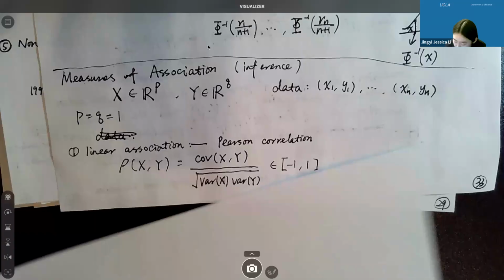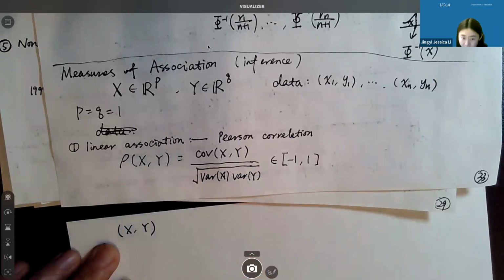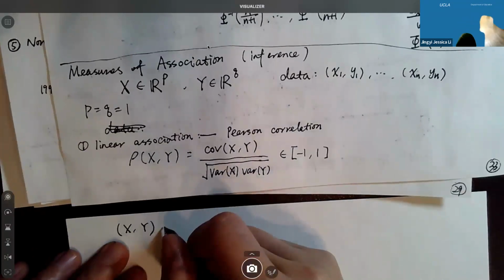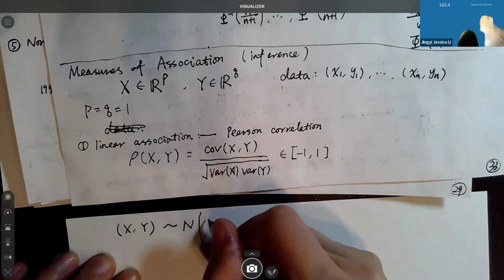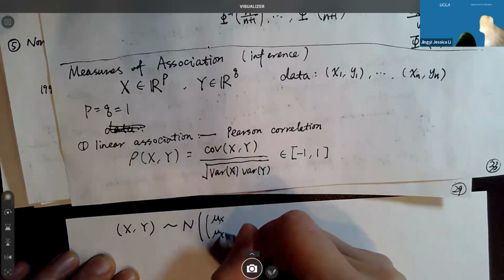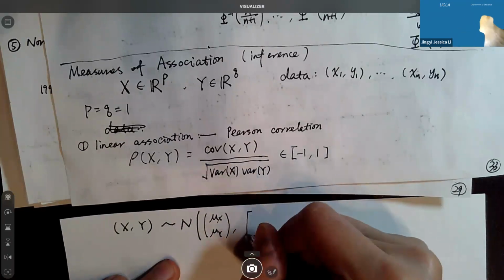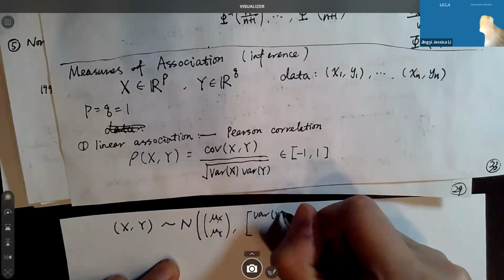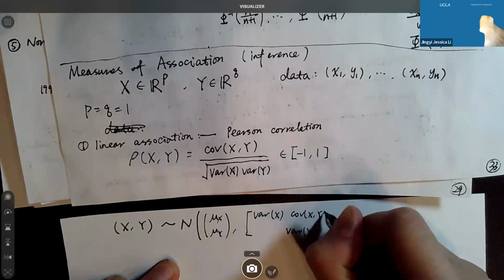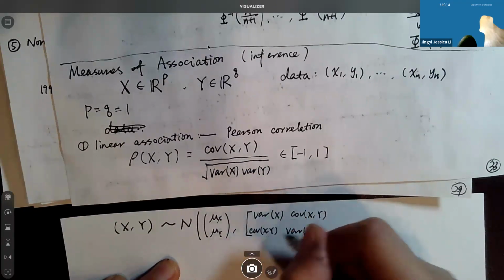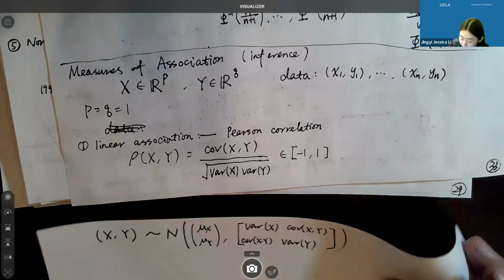If (x, y) follows a bivariate normal, we can write the normal distribution with mean (mu x, mu y), and the variance is a 2x2 matrix: the variance of x, the variance of y, and the covariance of x and y. In this special case, we have a very special property.